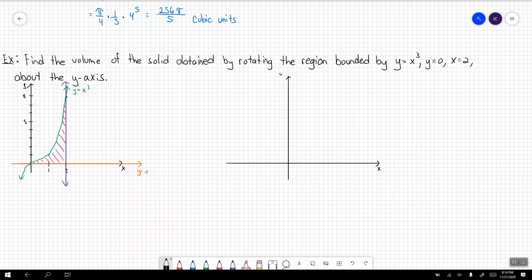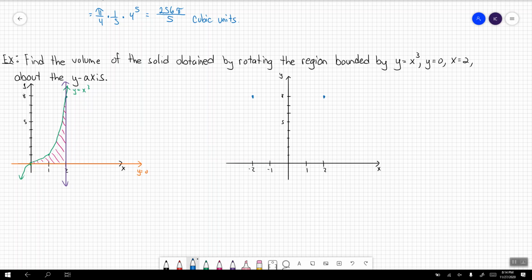So here's x, here's y. Alright, there's 1 and 2. Alright, so let's give this a shot. So I know the region intersects at (2, 8) and (-2, -8).